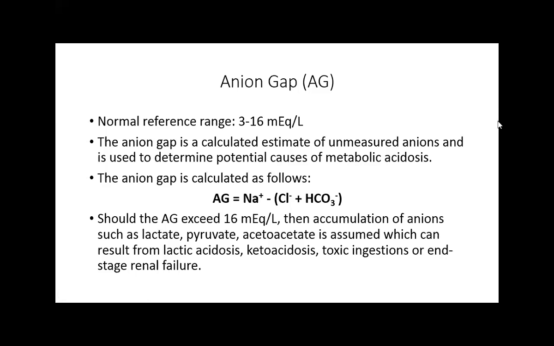So the anion gap is in general between 3 and 16 milliequivalents per liter, and it's essentially this little equation down here. It's the cation, sodium, minus the two predominant anions, chloride and bicarbonate.